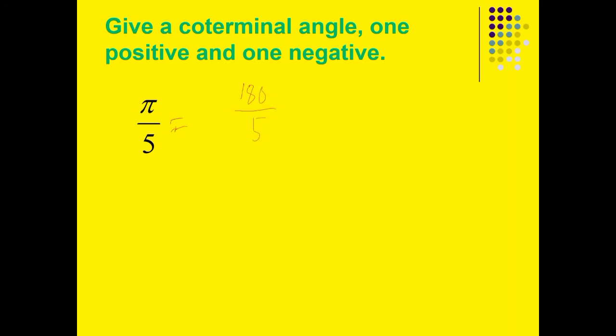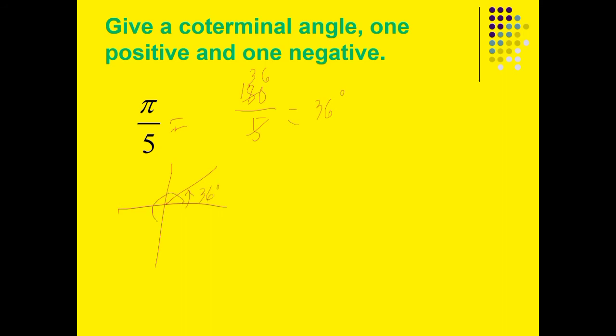So 180 divided by 5 gives 36, so it has an equivalent value of 36 degrees. So this is for the positive 36 degrees.